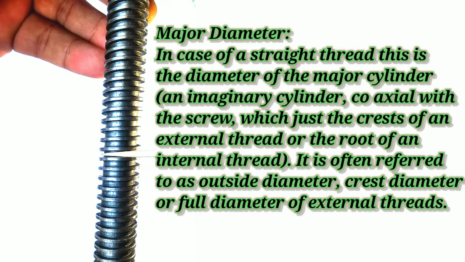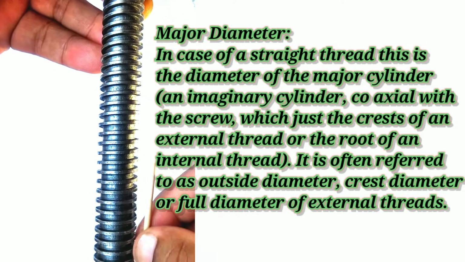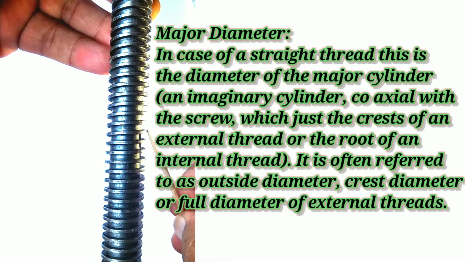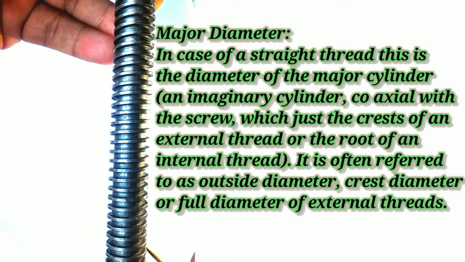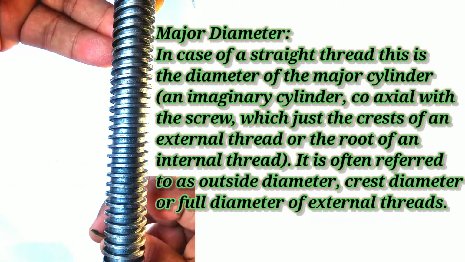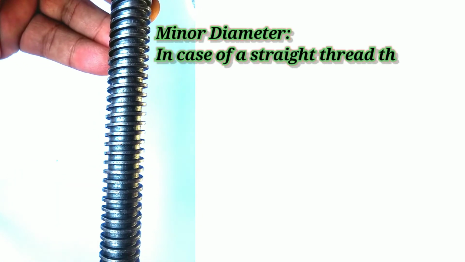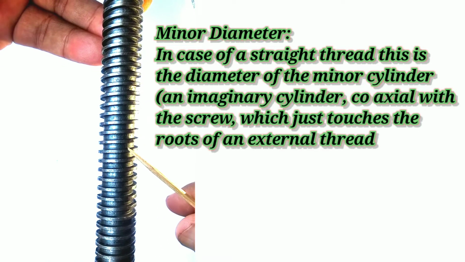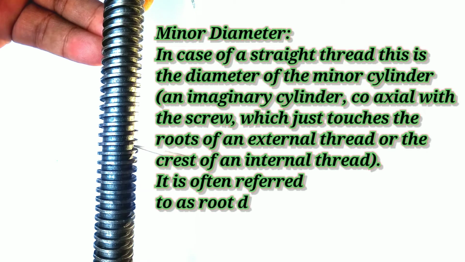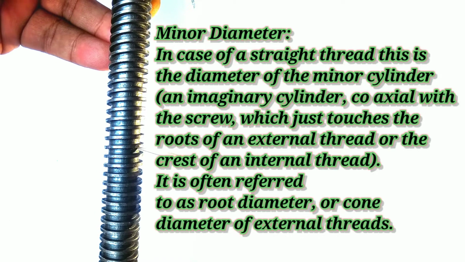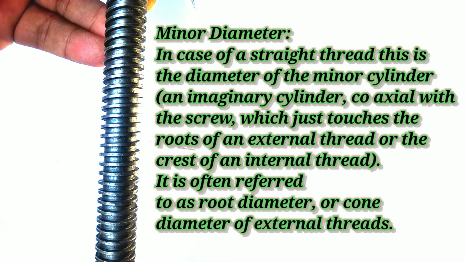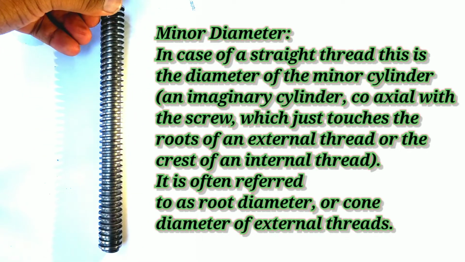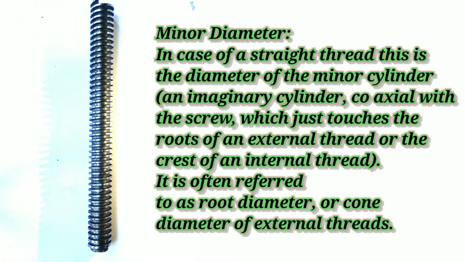The major diameter is the diameter of an imaginary cylinder which touches the crest of all threads, and the minor diameter is the imaginary diameter of a cylinder which touches the root of the thread. So this one is the root of the thread, this diameter over here is the minor diameter, and this one is the major diameter. So for the basic thread, two diameters are important.